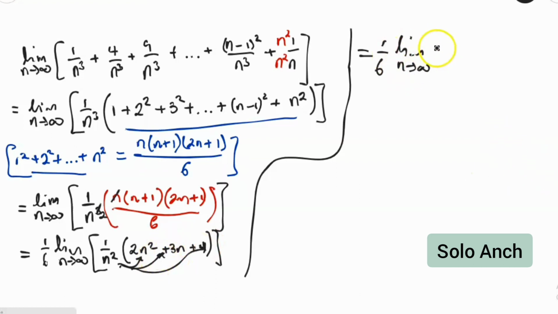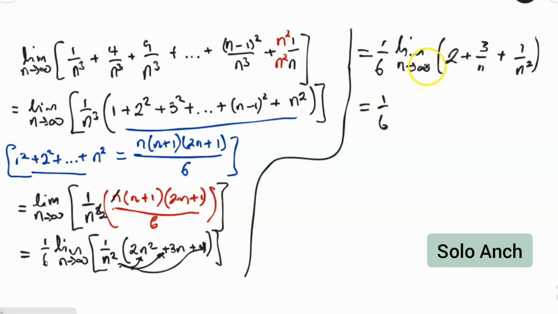So inside the limit we're going to have 2, plus 3 over n, plus 1 over n squared, by the reason of cancellation. So you notice that the 2n squared, the n squared with the 2 will cancel out with that, so we'll be left with that.